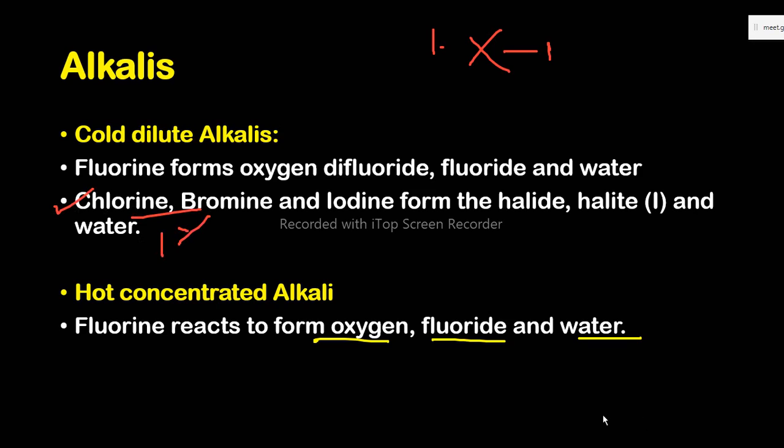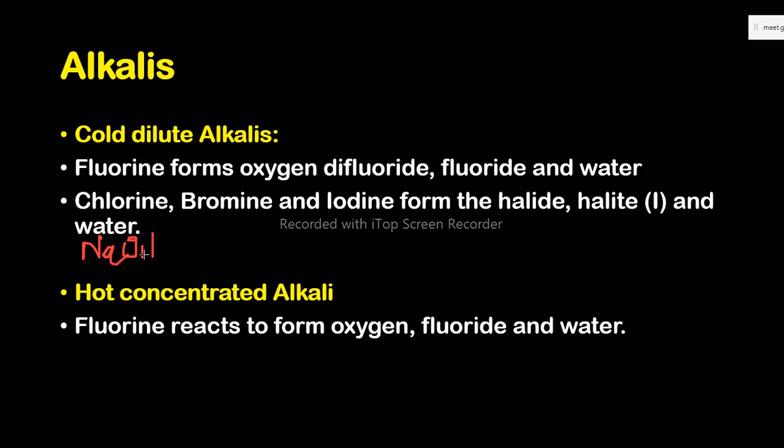Let me first do the rough work, meanwhile you are writing that. So this one is going to be sodium hydroxide, aqueous, reacted with a halogen, and this is gas.